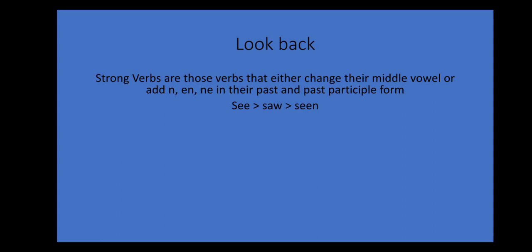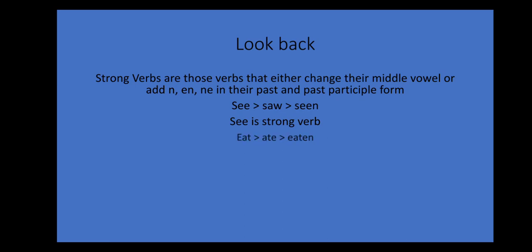Like see, saw, seen. The past form of the verb see is saw. You see, the middle vowel is changed. And the past participle form is seen. Here, n is added with the present form see. So, see is a strong verb.